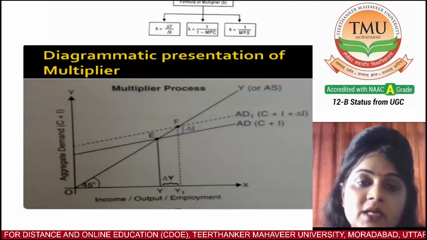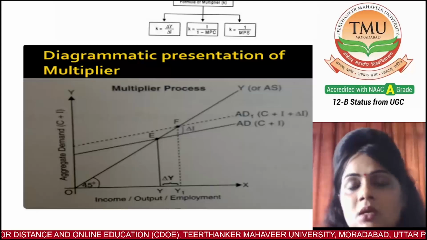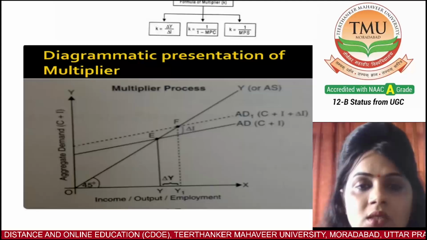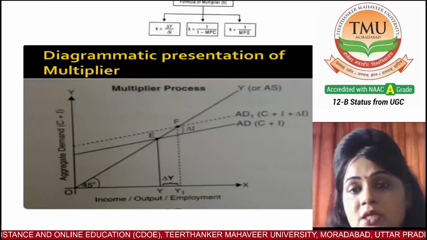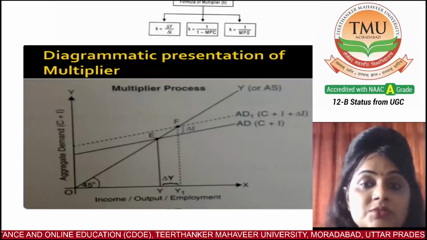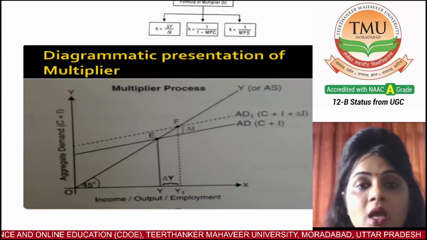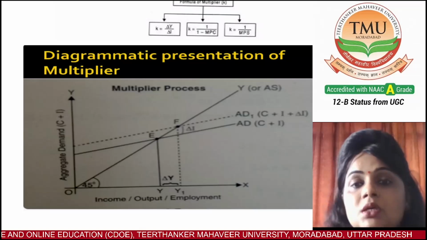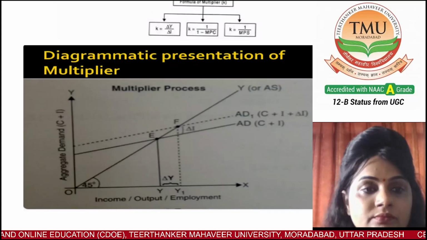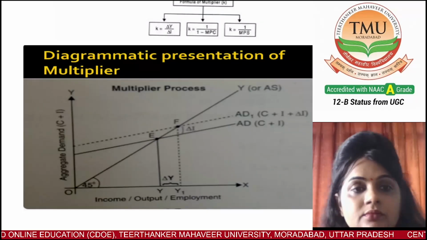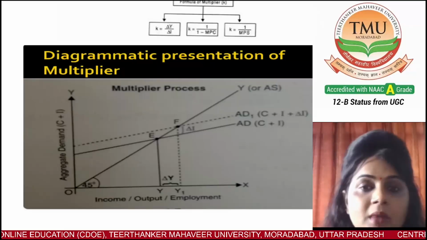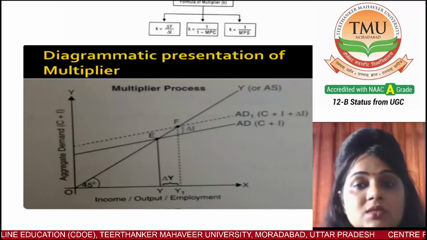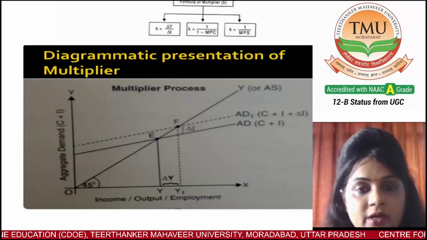But this constancy is a realistic assumption, since all available empirical evidence shows that the marginal propensity to consume is very stable in the short run.